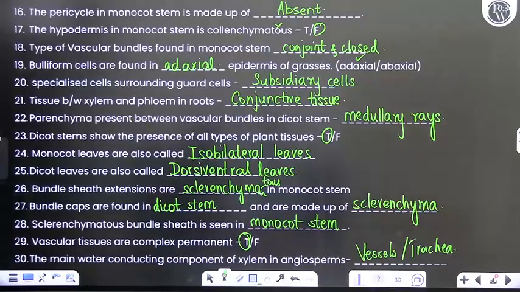Meghna has answered 9 out of 30 correctly. Yogita has got 29 correct. Diya has got 29 correct. Divya also has got 29 correct. Oh, Pratik has got most incorrect. That just shows that you need more revision. You need to pay more attention while class is going on. What is your real name? Nazia has also got all correct. Hasina Dilruba has also got all correct.